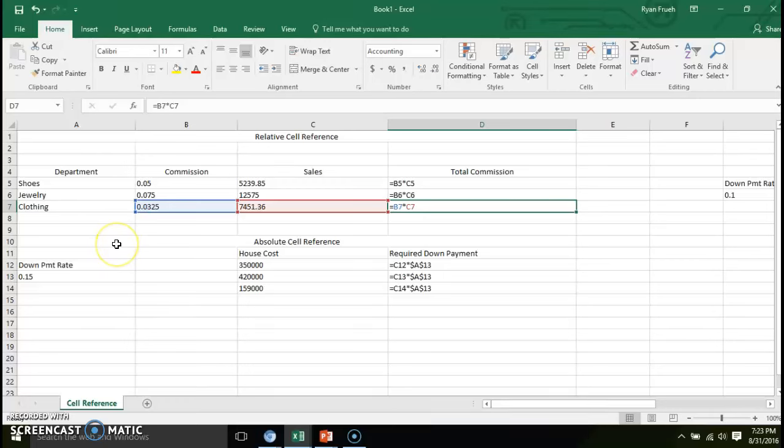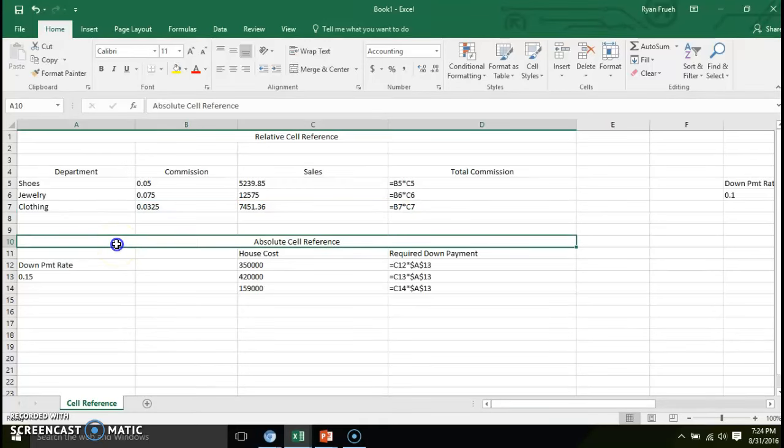Looking down here at the second table, we have an example of absolute cell reference. In this table, we're doing a computation on a required down payment for a house based on the given cost.